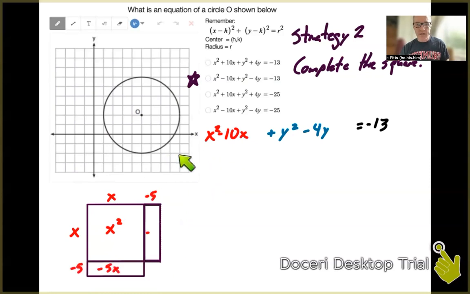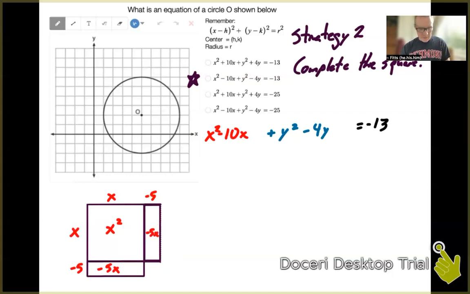So I'm just slicing that in half, and that's how it looks. Now I have negative 5 times x in this rectangle and negative 5 times x in this rectangle. Fundamentally, I haven't done anything. I haven't altered the state of the equation. I've just broken that term into two equal pieces.